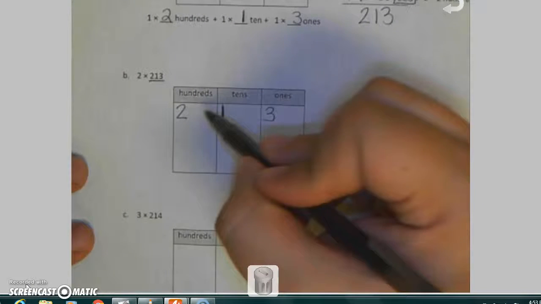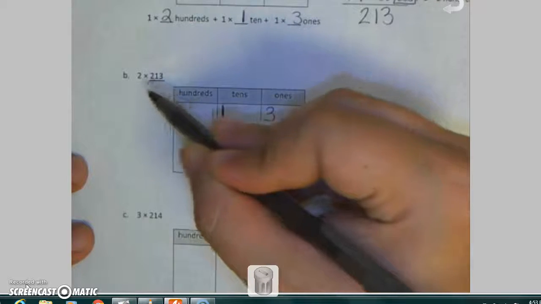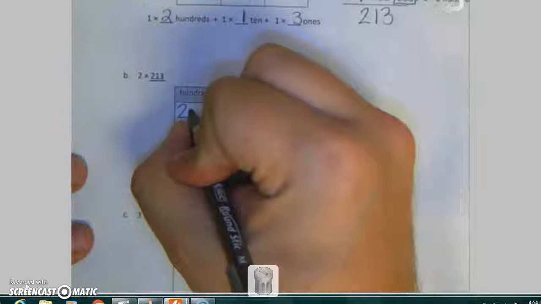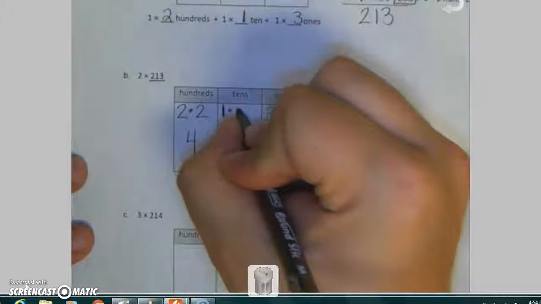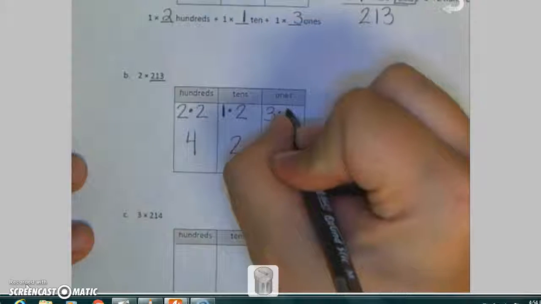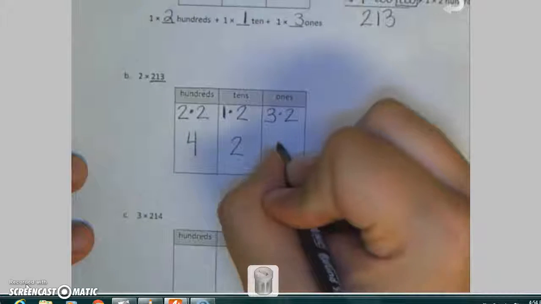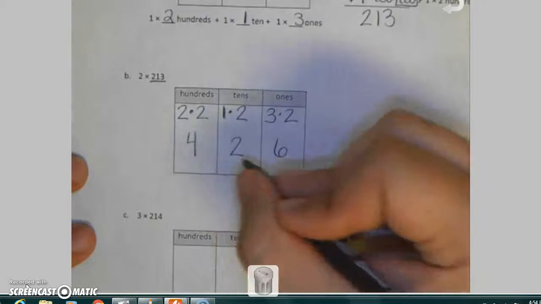Now I'm going to multiply that by 2. So 2 hundreds times 2 gives me 4 hundreds. 1 ten times 2 gives me 2 tens. And 3 ones times 2 gives me 6 ones. So the answer should be 426.